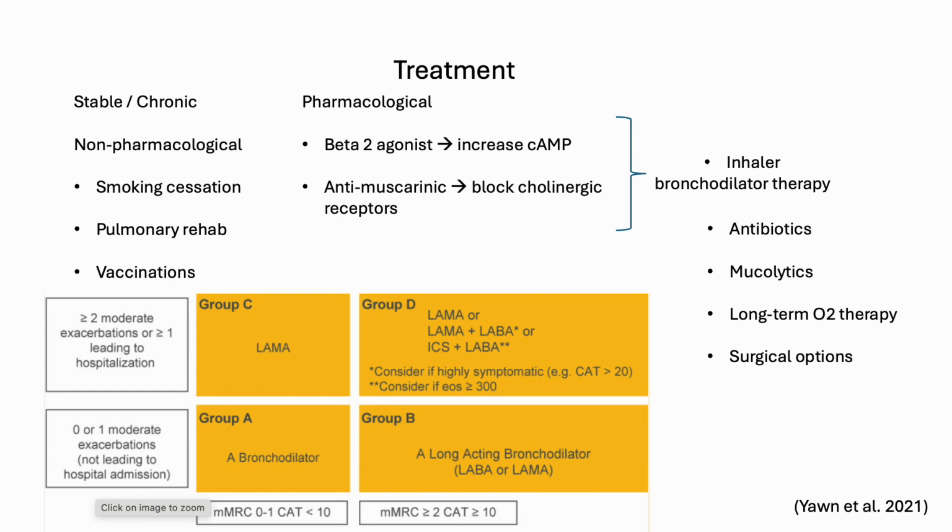In cases of predominant bronchitis with hypersecretions, mucolytics can be used to help break down secretions. Long-term use of oxygen therapy can be recommended in stable patients with oxygen saturations lower than 88% if there's evidence of heart failure or polycythemia. And lastly, surgical options, including a bullectomy, volume reduction surgery, and a lung transplant, are all options.